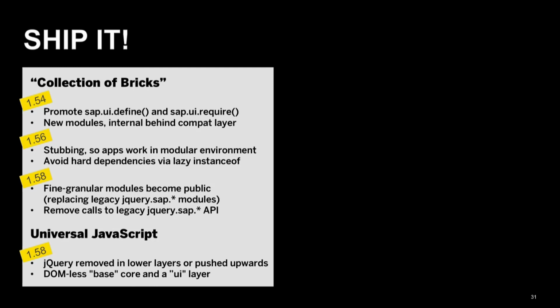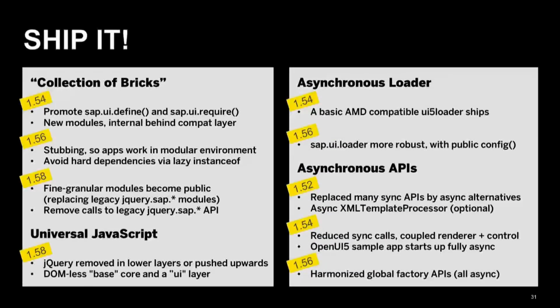jQuery is removed from the lower layers of the framework and pushed into the UI parts. And for the asynchronous loader part, you saw that it ships with 154, and with 156, it's even more robust, and you can easily configure it and see how far you can get with it. And for the asynchronous API, we started early.